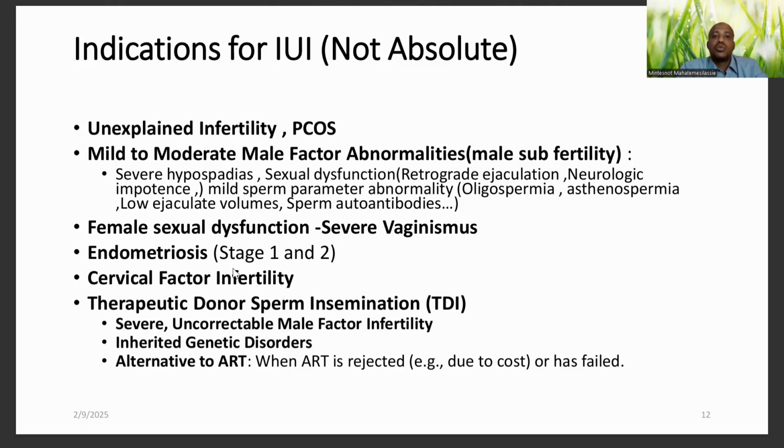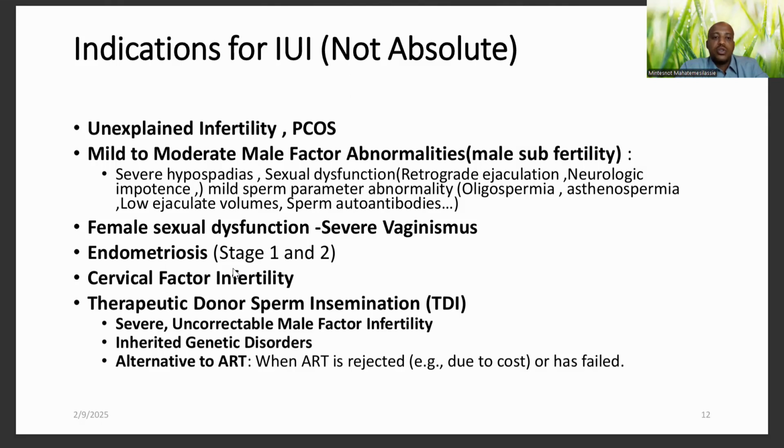The common indications for IUI are unexplained infertility, ovulatory dysfunction like PCOS, and mild to moderate male factor infertility. When you say mild to moderate, if the male has severe hypospadias or sexual dysfunction, or mild sperm parameter abnormality. If there is severe sperm parameter abnormality, IUI is not a good choice. If there is female sexual dysfunction like severe vaginismus, IUI can be done under anesthesia.